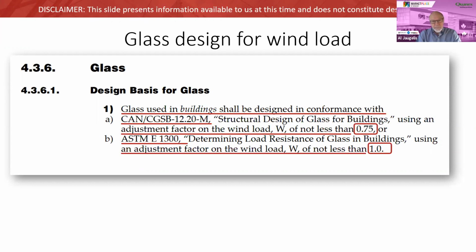So essentially, for ASTM E1300, you're using the 1 in 50 hourly wind pressure data. With the Canadian standard 12.20, you multiply that 1 in 50 hourly wind pressure by 0.75, essentially reducing it by 25% before you carry on with other calculations.